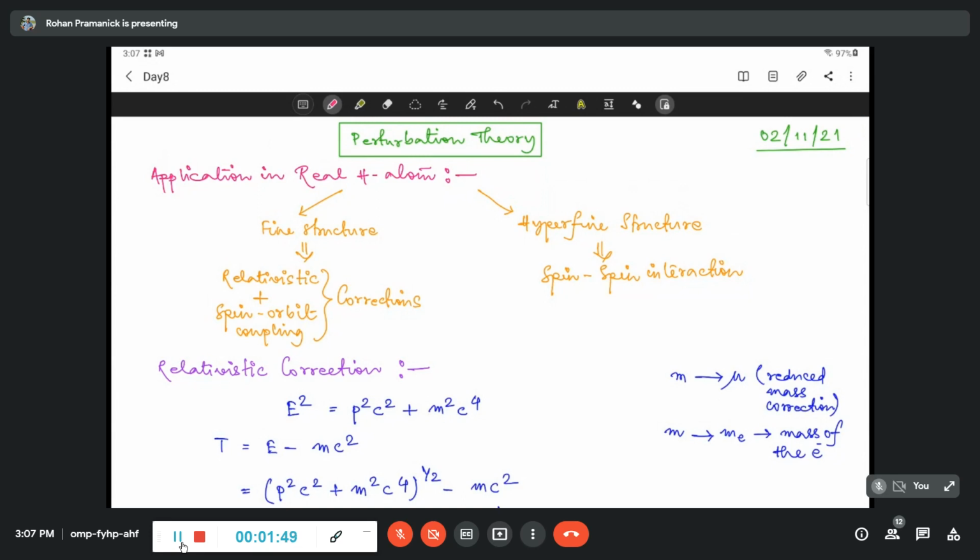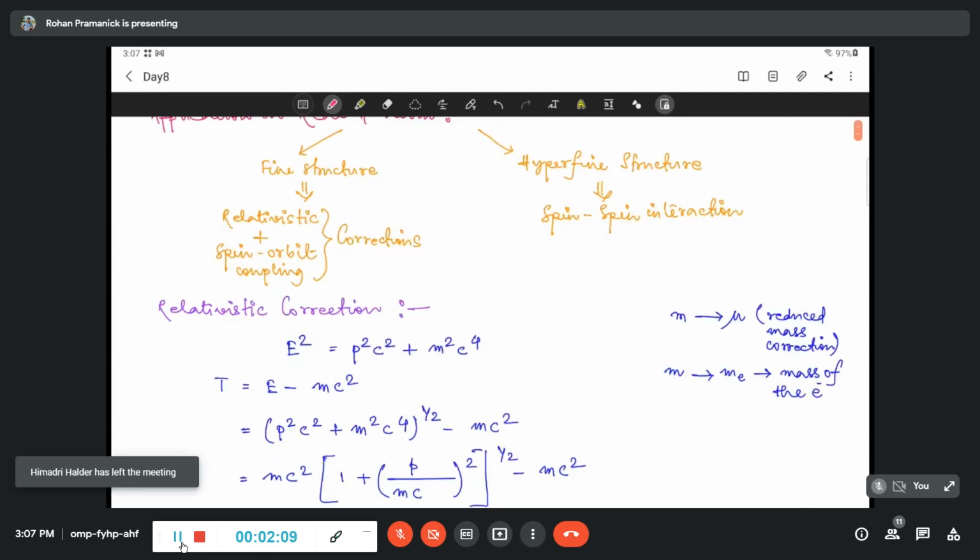the combination of both the relativistic correction, which includes the relativistic energy equation for the electrons, and then the spin orbit coupling, where the orbital angular momentum couples with the spin angular momentum of the electron.